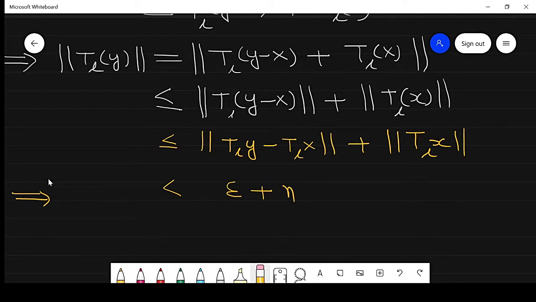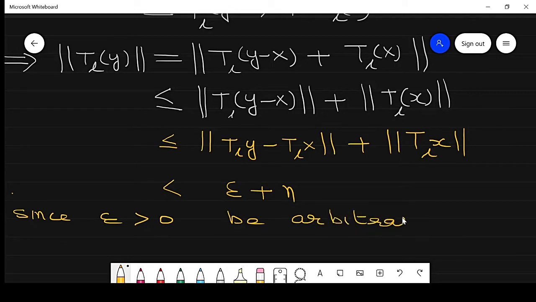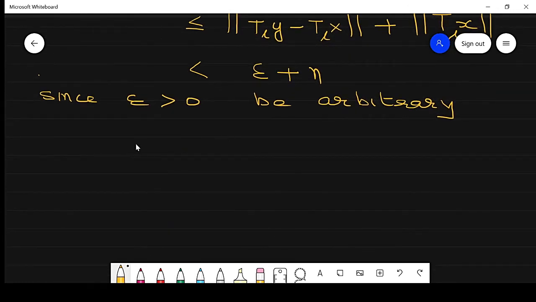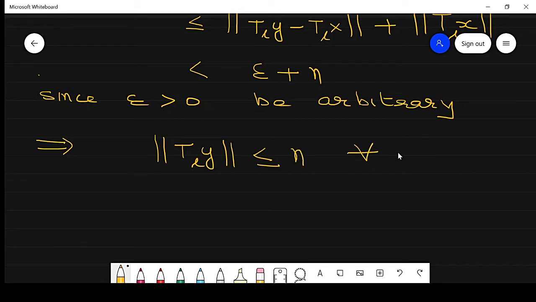Now what is epsilon? Epsilon is some arbitrary positive number which approaches 0. Since epsilon greater than 0 is arbitrary, very near to 0, it approaches 0. If it approaches 0, from this we get norm of Tiy less than or equal to n for every i.